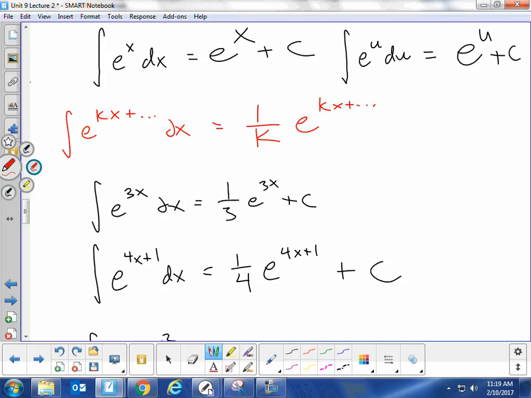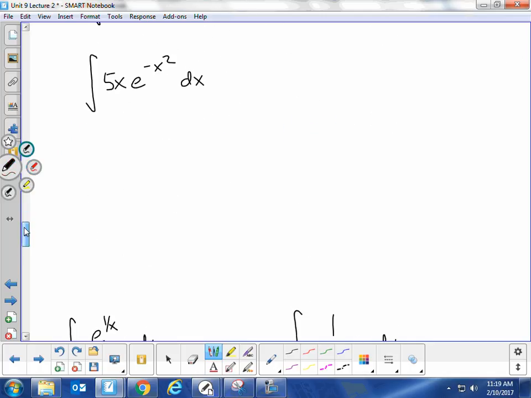Okay? So that's like antiderivative of cos 3x. It's 1/3 sine 3x, right? But sometimes it's not that easy. Sometimes you'll have something that looks like this.